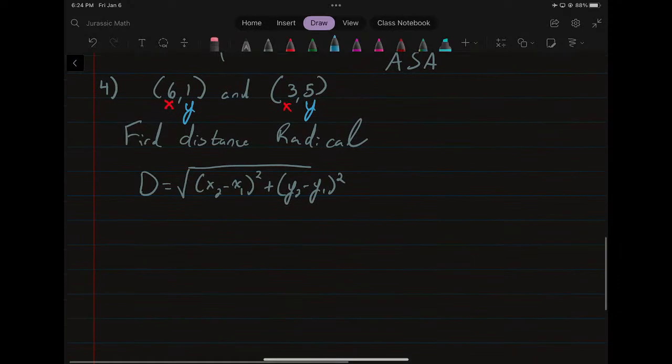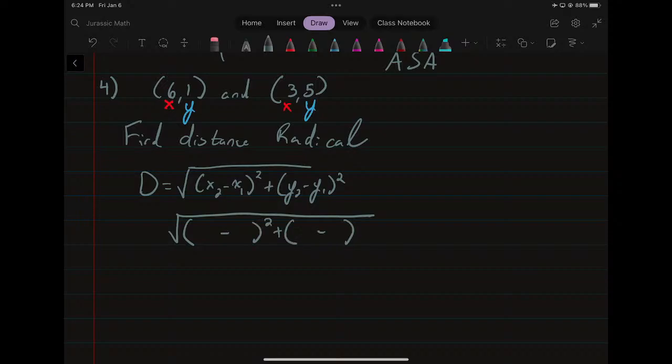So for this one, I would just plug into my formula. Notice how I pre-write my formula, and then I just add in the colors when I need to. For X, it does not matter which one as long as you do the same first. X2, I'm going with the second point. It makes sense.